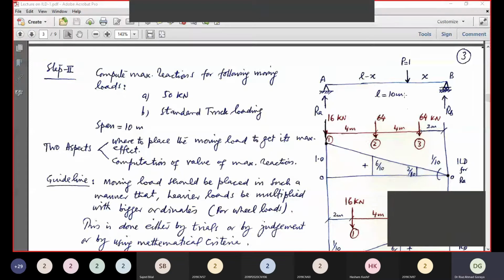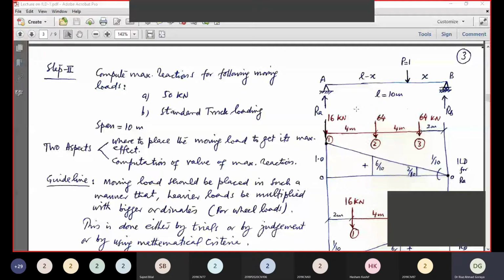And that is based on simple mechanics. Moving load, the guideline is, ये हर एक के लिए एप्लीकेबल है, शीयर फोर्स के लिए भी, बेंडिंग मोमेंट के लिए भी, एंड ऑनवर्ड. The guideline is moving load should be placed in such a manner that heavier loads be multiplied with the bigger ordinates. और ये गाइडलाइन है फॉर व्हील लोड्स.